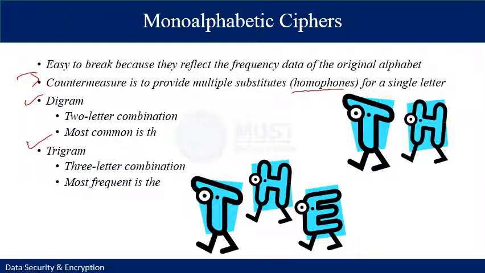The digram is a powerful tool to look at the frequency of two-letter combinations. The most common digram is TH, which has a high frequency of occurring in any text. Similarly, in trigrams, three-letter combinations are observed, and the most common three-letter word used in English is THE.